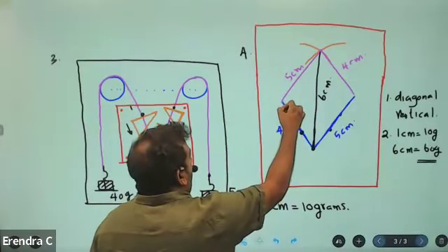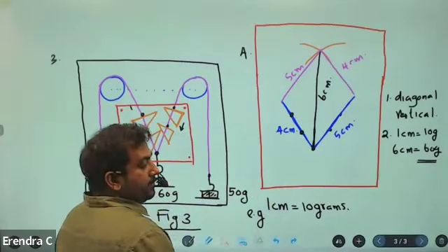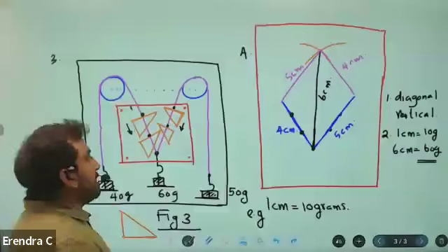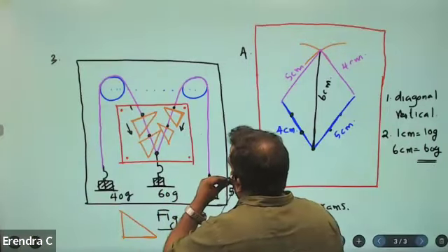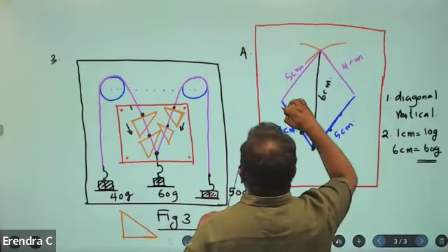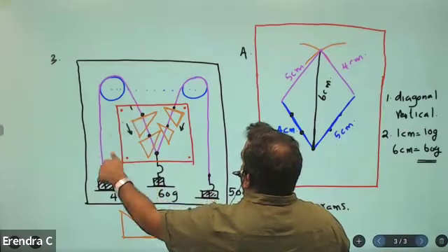And we draw a 4 centimeter line on the left hand side, which will represent 40 grams.